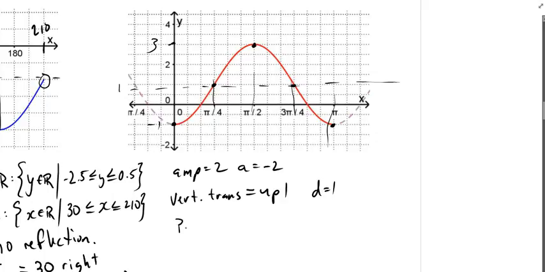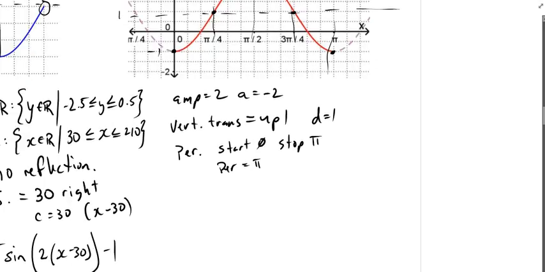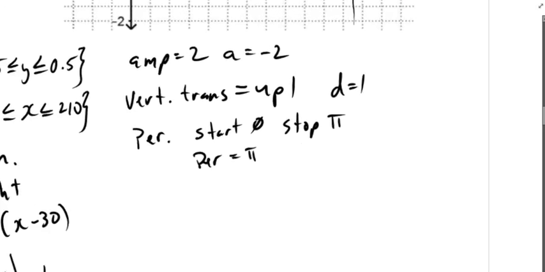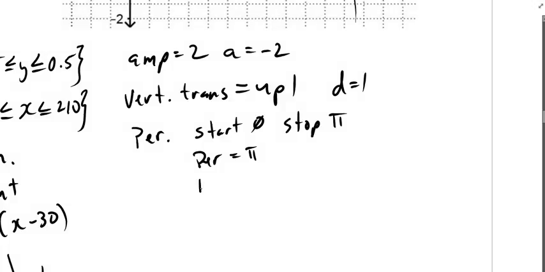Period. Where does it start? It starts at 0. Where does it stop? At pi. So my period is pi. So my K value is 2 pi over pi.